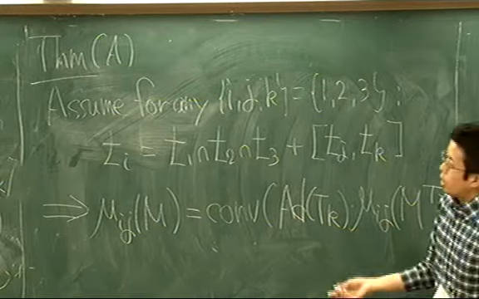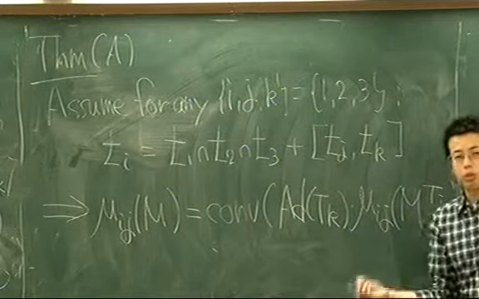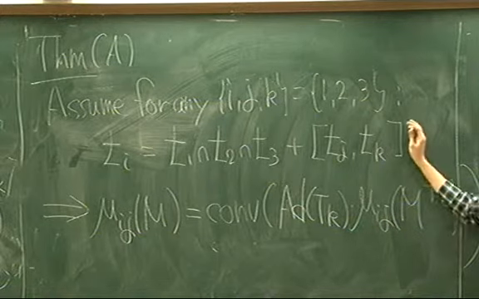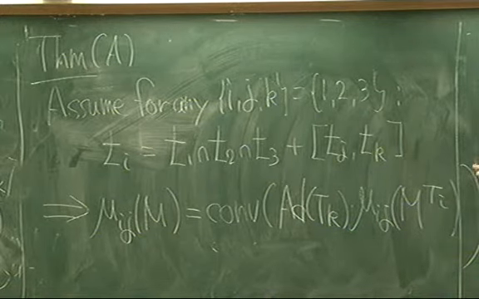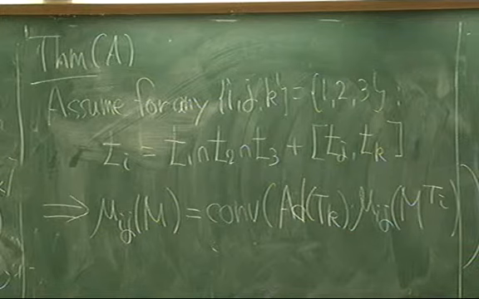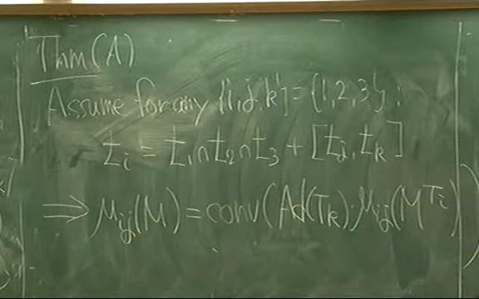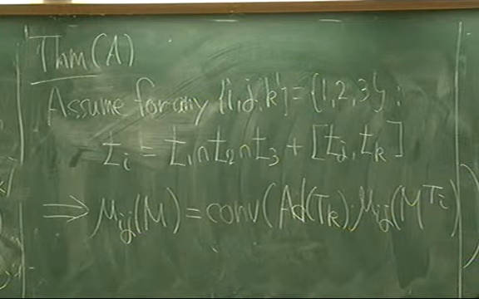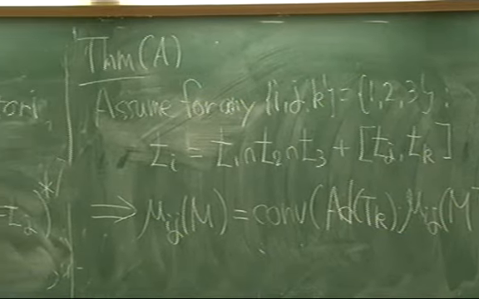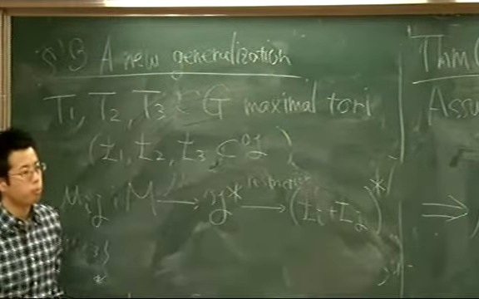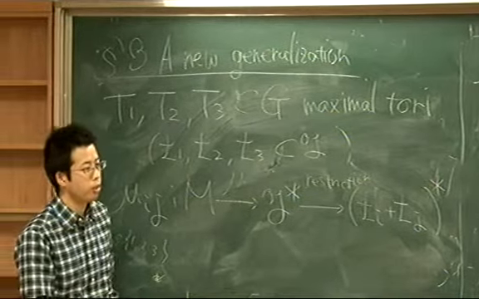If we just choose T1 equal to T2 equal to T3, those three tori always satisfy this condition. So this actually recovers the original theorem. And the point here is that this maps M to this space, and since we chose the T's to be a maximal torus, this is not an abelian subalgebra. It's kind of interesting.